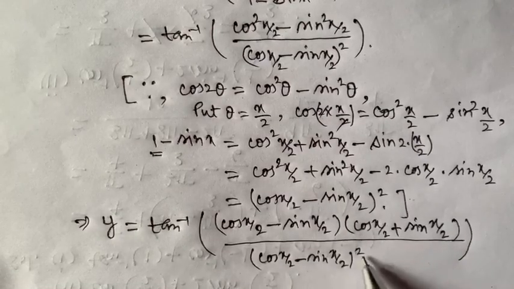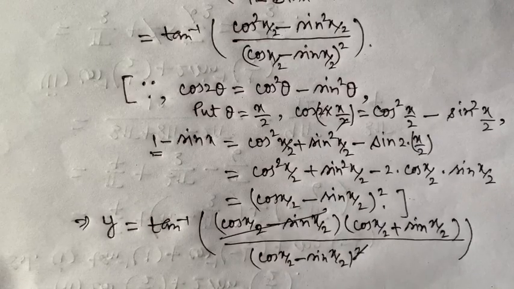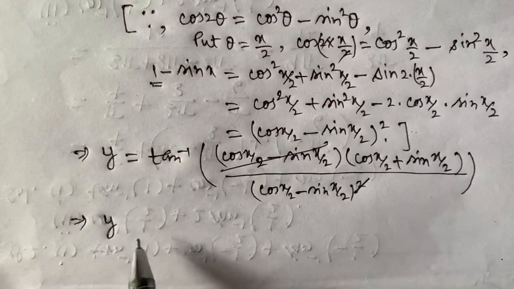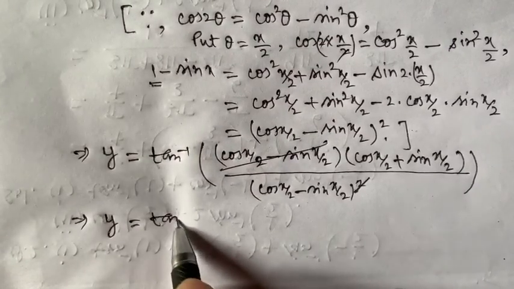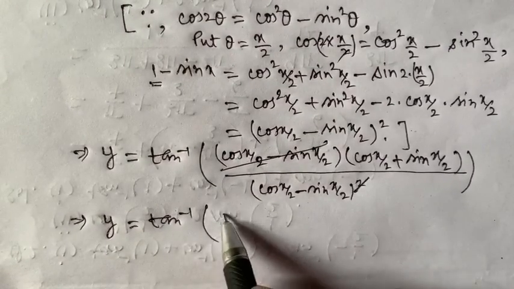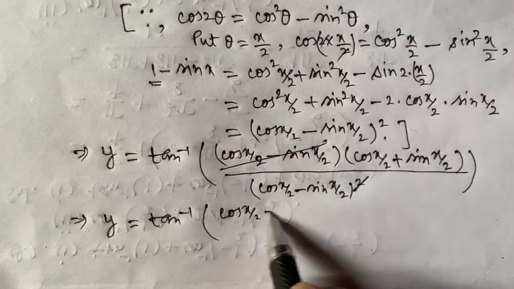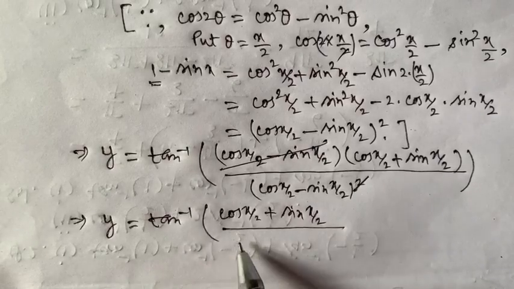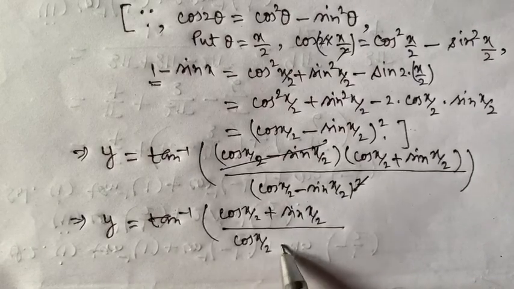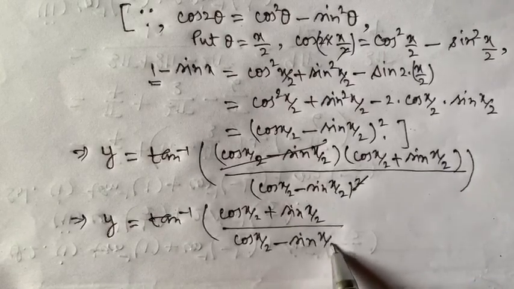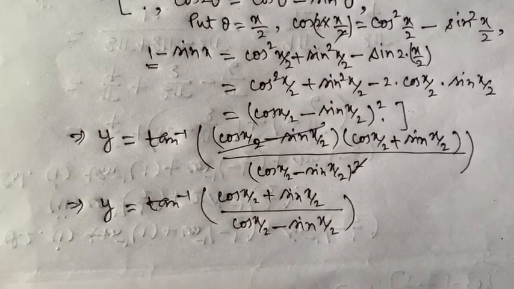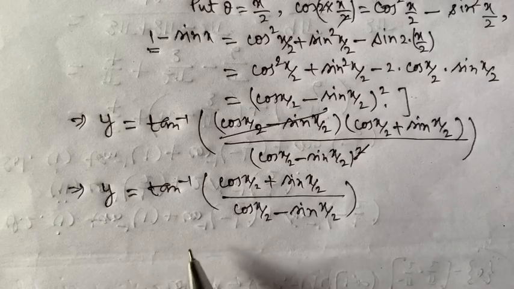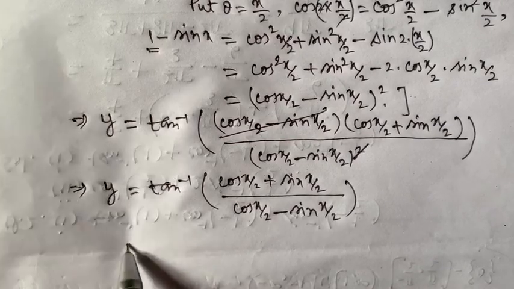Now this square will cancel and it will give us y is equal to tan inverse of cos x by 2 plus sin x by 2 upon cos x by 2 minus sin x by 2. Now we will divide the numerator and denominator under the expression of tan inverse by cos x by 2.